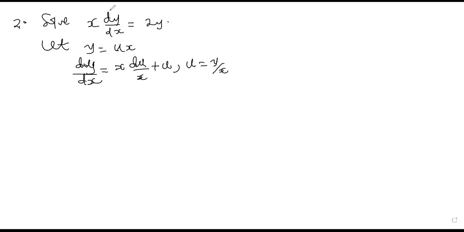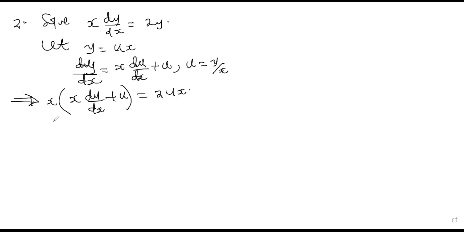Then now it means that wherever there is u, you'll be substituting y over x. So substitute this into this. So we shall have x dy dx will be x du dx plus u is equal to 2y. So 2ux.